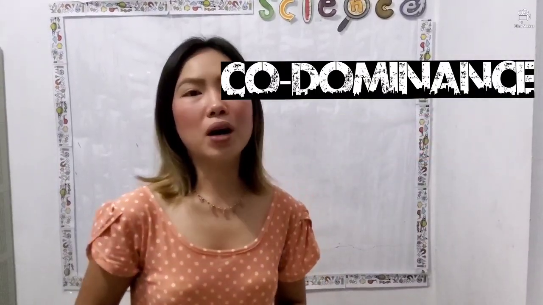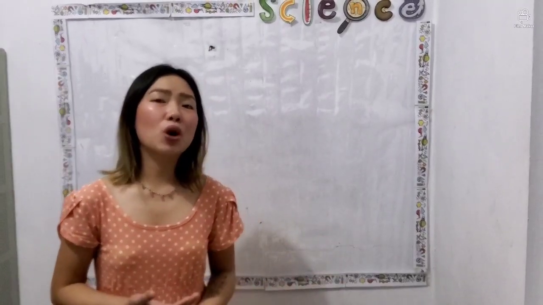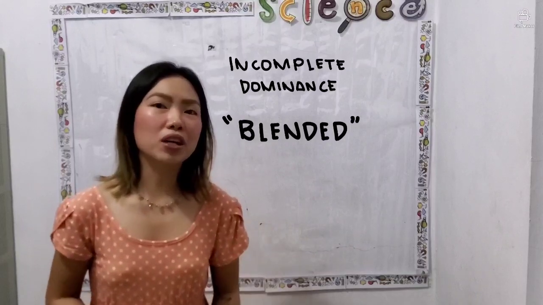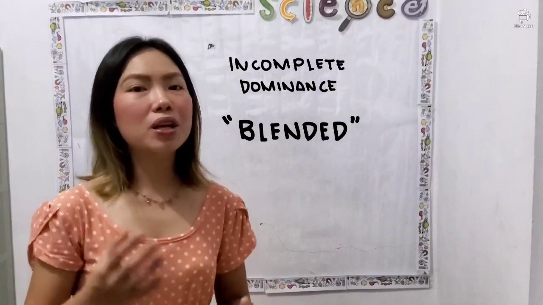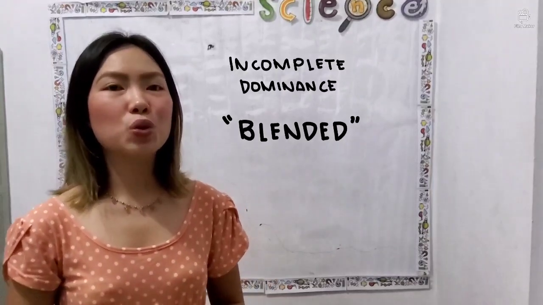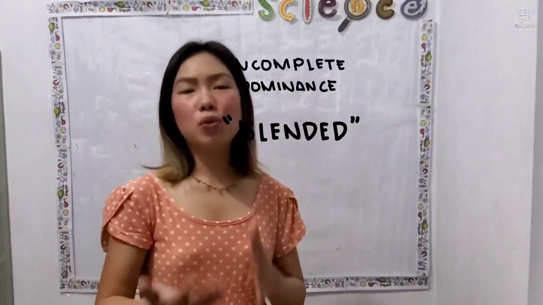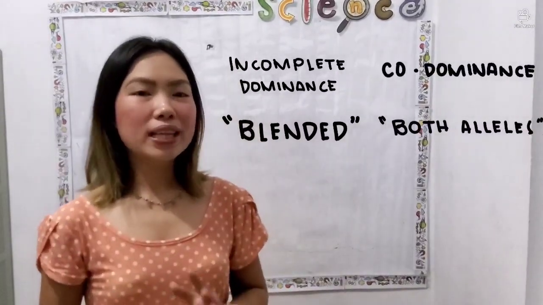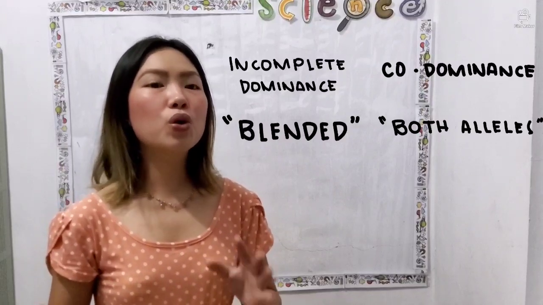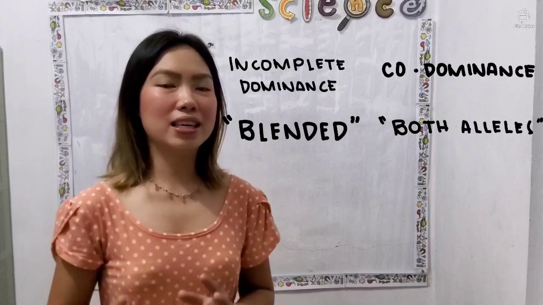Anong ipinagkaiba ni incomplete dominance sa codominance? In the incomplete dominance, the allele of the parents are blended or mixed. Naghahalo, nagbe-blend, at lumalabas yung kulay na sa gitna nilang dalawa, which is yung kulay pink nga sa pula at sa puti. Now, on codominance, what happens is that yung parents natin ay parehas mong makikita on the result.